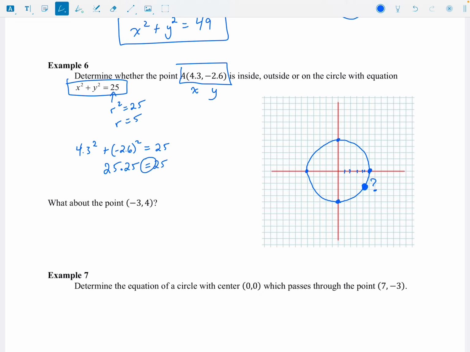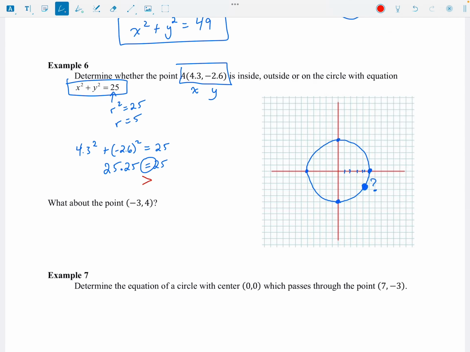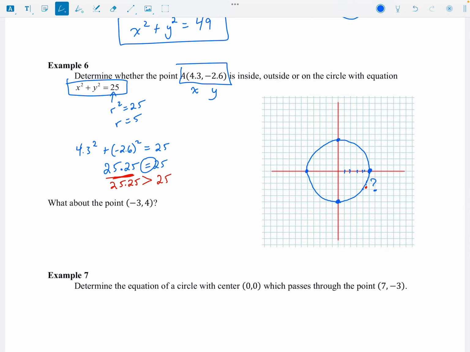Okay, so this does not work. But what we notice here is that 25.25 is greater than 25, right? Which would tell me that it's asking for a radius that's slightly larger than what I have in this circle. So 4.3 and negative 2.6 is just outside of the circle.